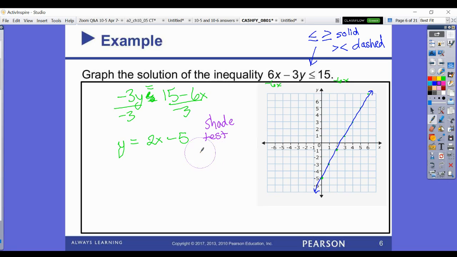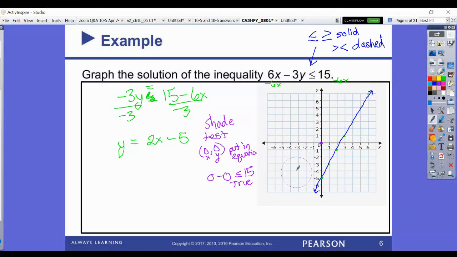My favorite test point is to pick 0, 0. So x is 0 and y is 0, and you put it into the equation. If we plug in a 0 in here, we get 0 minus 0 is less than or equal to 15, which is true. So 0, 0 is a solution to this graph.